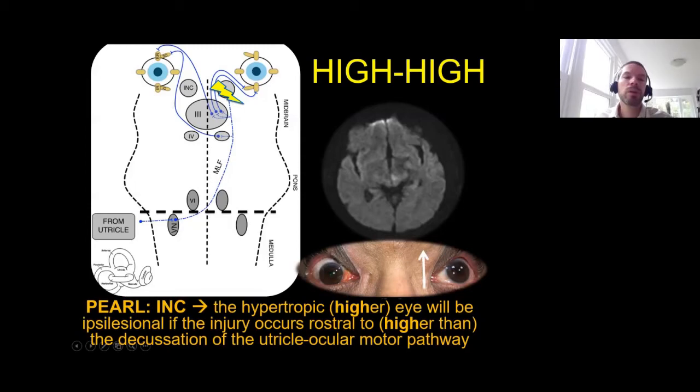Okay. So again, if you affect the utricle-ocular motor pathway on the right side, let's say, patients with a right-sided medullary lesion, as we talked about, can have different ocular motor features. Patients might have a full-blown Wallenberg syndrome, where they have loss of sensation on the right side of the face and the left hemibody.